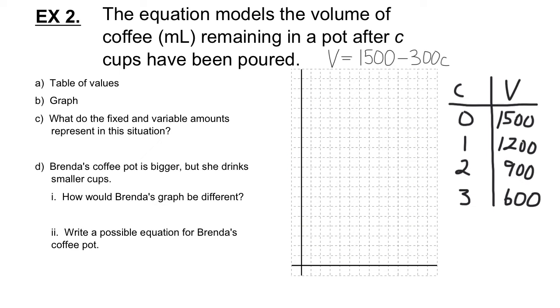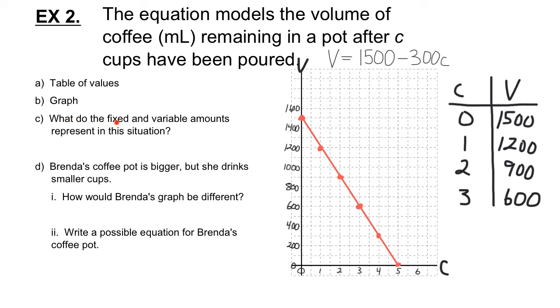Now I'm just going to make my graph. So I've labeled my axes. I've put my values at a consistent scale, and now I can plot my points from my table of values. So there you go, and I also went ahead and made a line of best fit, and I extended the pattern so that I could see more on the graph.